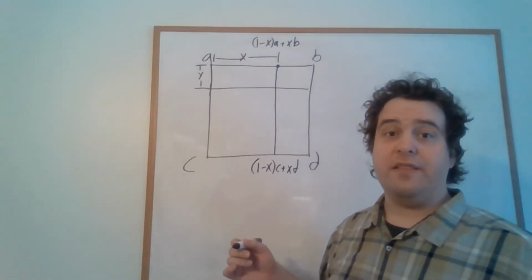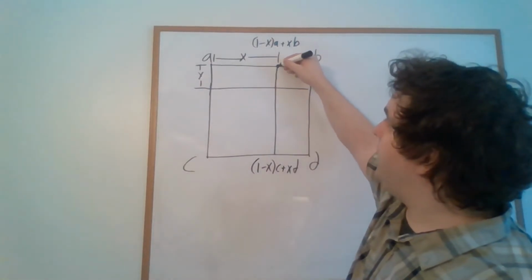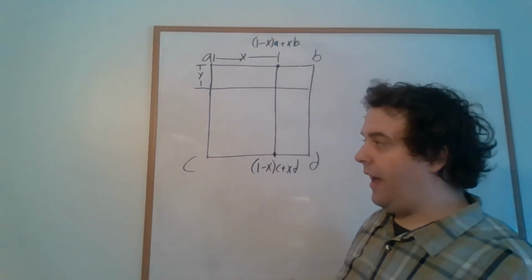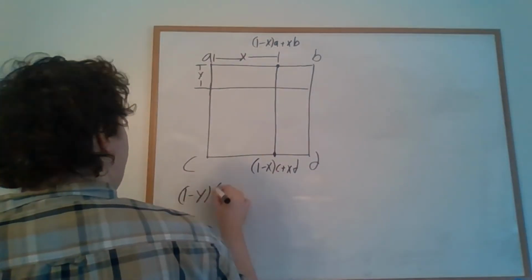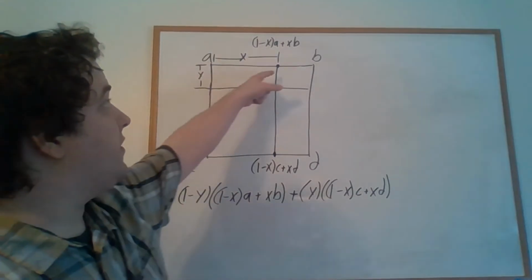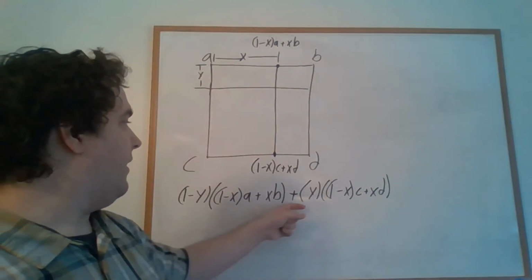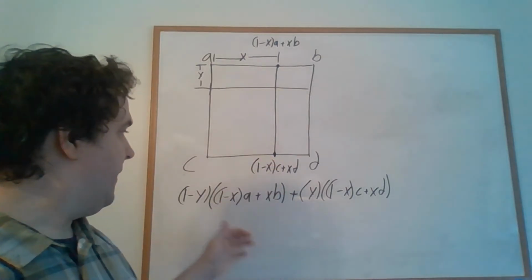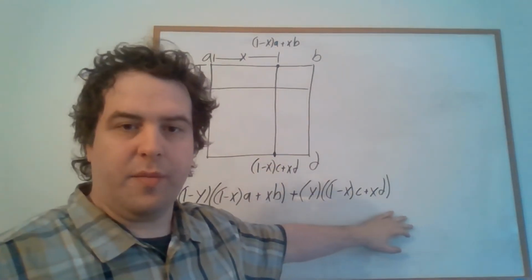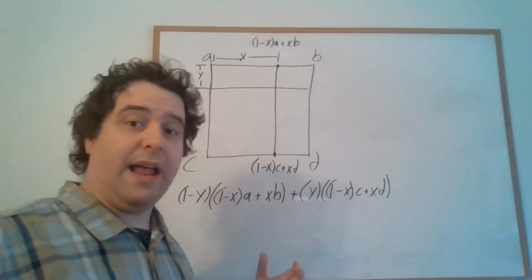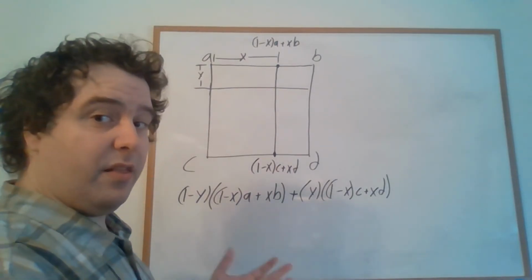So finally, let's interpolate between this pixel and this pixel, and that's going to give us 1 minus y times the alpha value of this pixel plus y times the alpha value of this pixel. So this is a very complicated formula, and if we expand this out, what we're ultimately going to get is some sort of polynomial that looks like this.